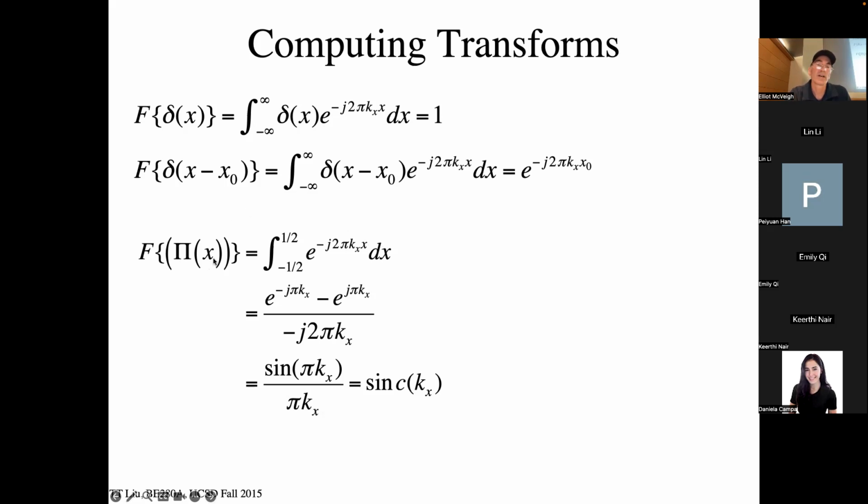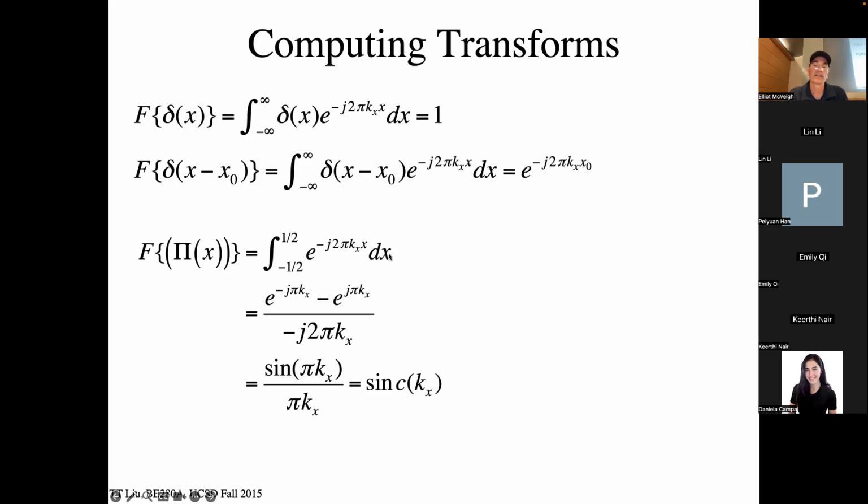Fourier transform of, and this is our rectangle function. We recall the rectangle function, we'll look at a diagram of that too, is 0 up until minus 1/2, and then 0 after 1/2. So I can just integrate it between those two values. It's 1 here, so I put a 1 right here, that's my function I'm putting into the Fourier transform.